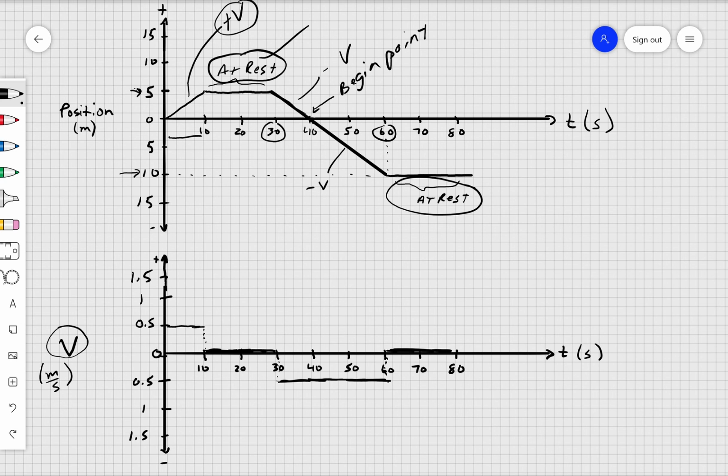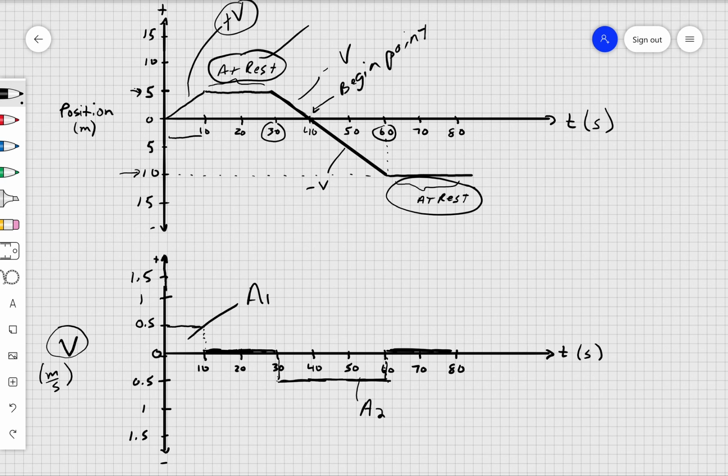Now, if I wanted the displacement, which is the area on a VT graph, I have two areas here. I have area 1, which is in the positive direction, and I have down here area 2, which is in the negative direction.